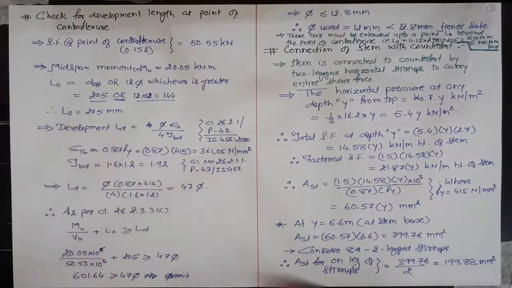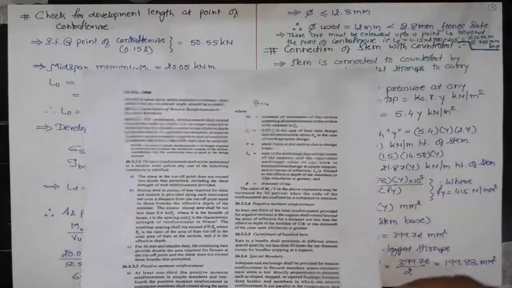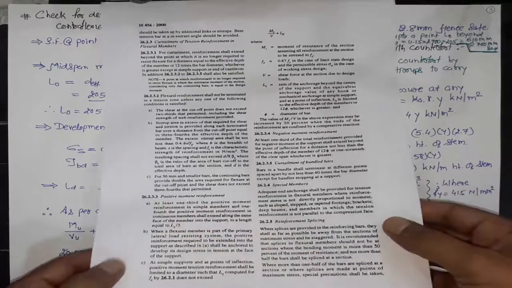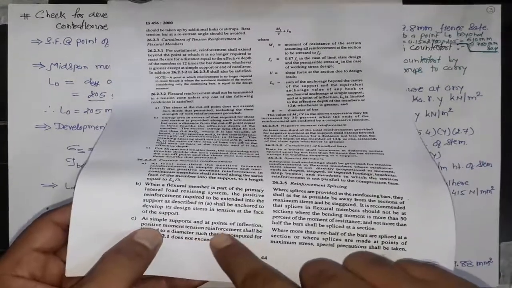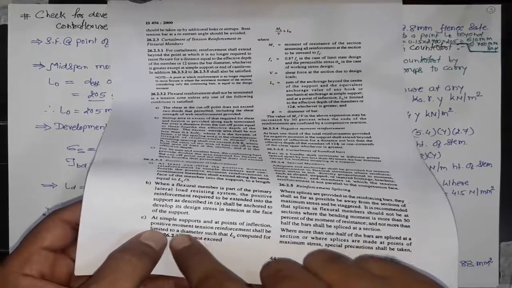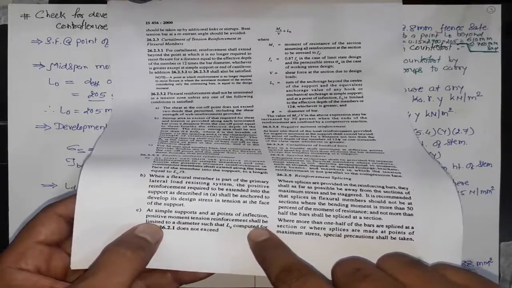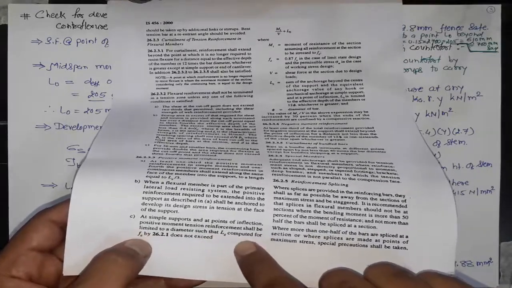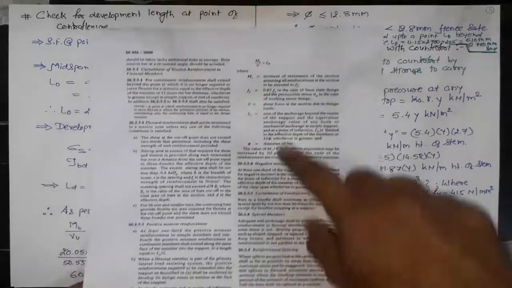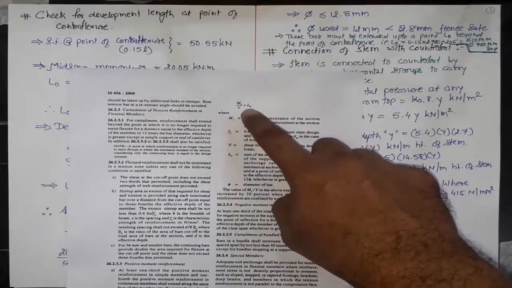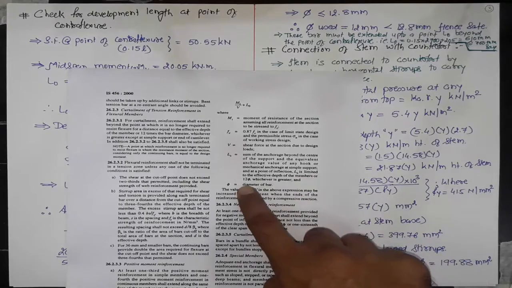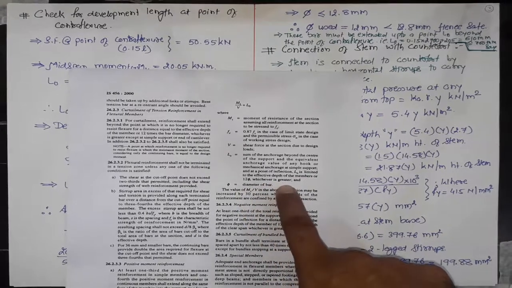Again L0 we will be using, here we will be using clause number 26.2.3.3 for positive moment reinforcement. Here it says that at a simply supported point of inflection, that is point of contraflexure, positive moment tension reinforcement shall be limited to a diameter such that LD calculated from above equation does not exceed M1 upon V plus L0, where L0 is limited to the effective depth of a member or 12 times the diameter, whichever is greater.